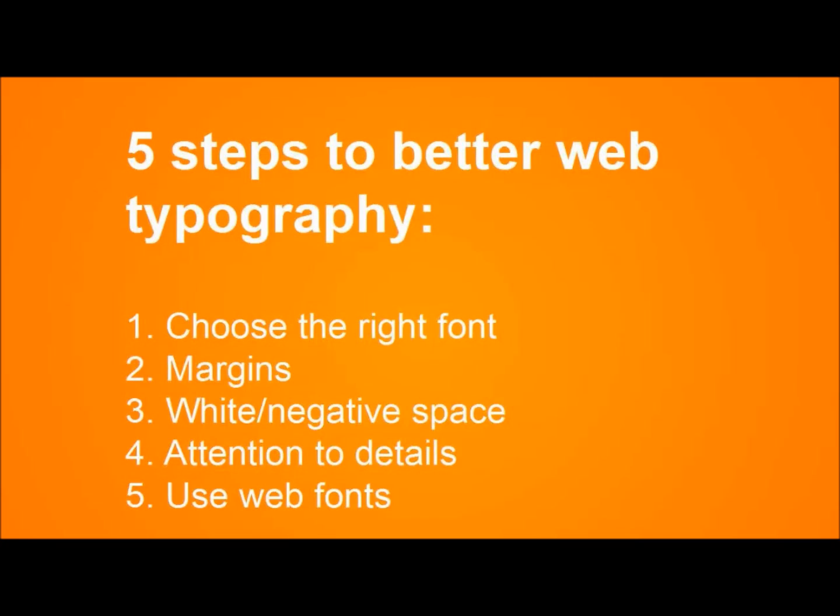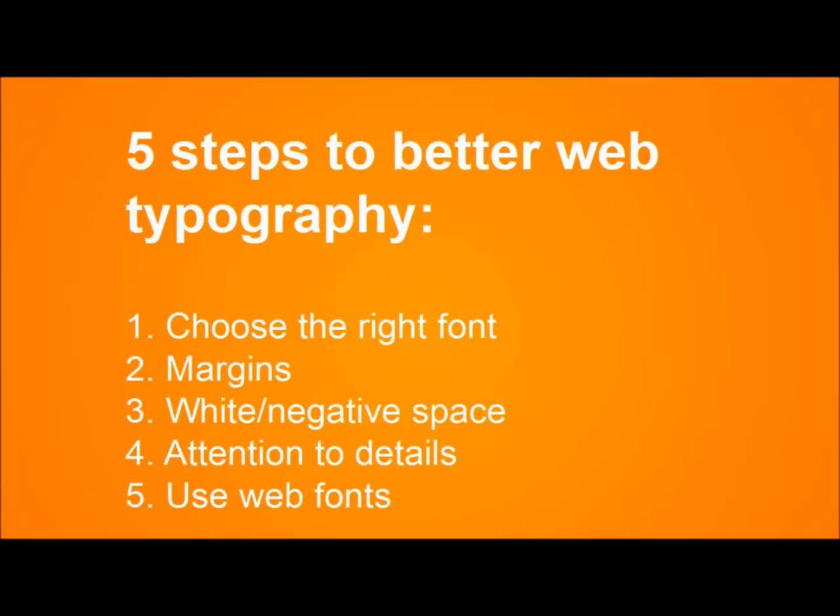Number 2, margins. Margins are very, very important. You want to create the same margins all over the website for each text paragraph, and really create a unity. So really pay attention to margins. Number 3, white spaces or negative space is great for emphasizing text and emphasizing which text and headlines are together, and so on.